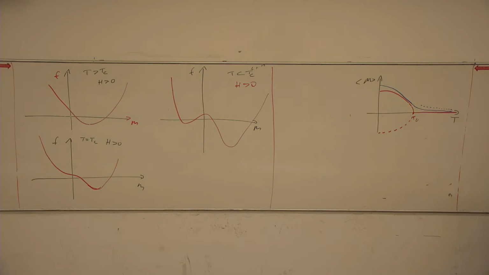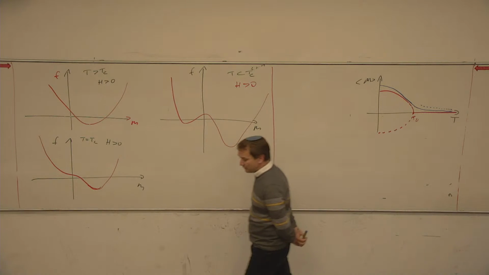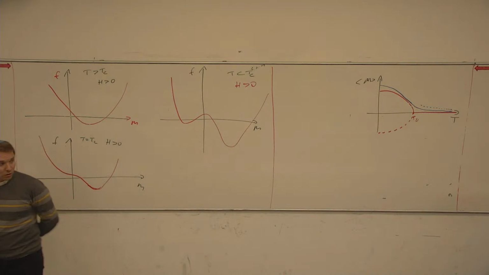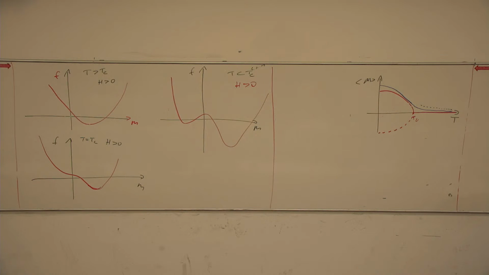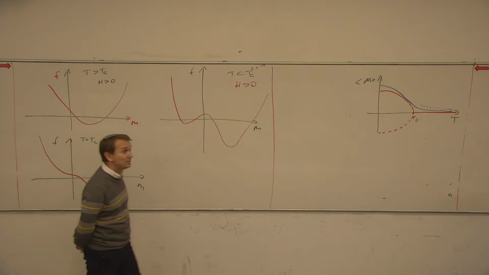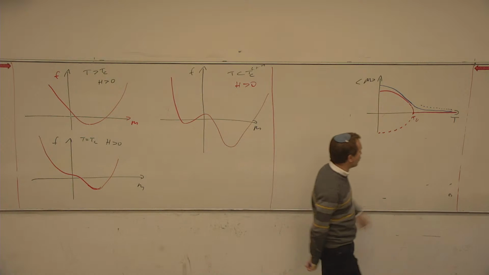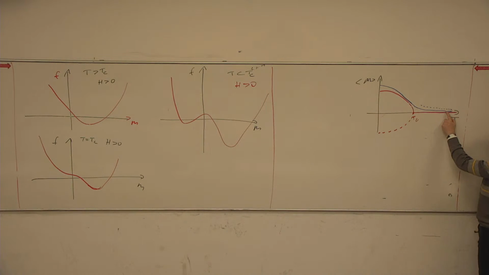Right? Does that mean no phase transition? Sorry? So what is a phase transition? So nothing bad happens. Absolutely nothing bad happens to the system. The system was ordered, you see? The system was ordered here. Why was it ordered? Because there was an external bias that was pushing the order in a specific direction.